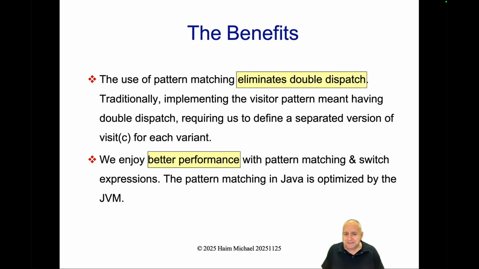Now, the next benefit is that we actually eliminate the double dispatch we have when implementing visitor the old way. Another benefit is an improvement in the overall performance. The virtual machine has various optimizations for switch expression.